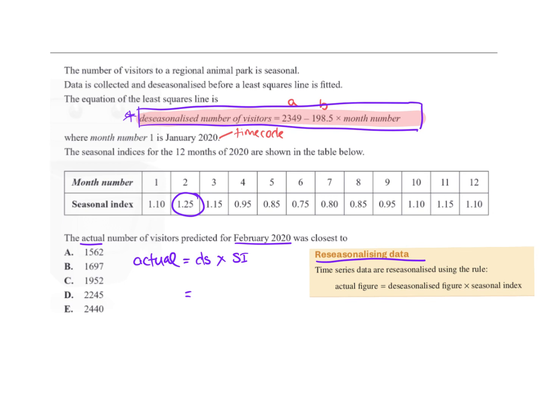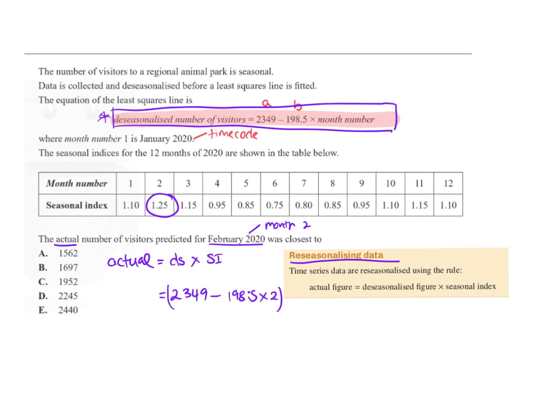So what I do is I use that formula, 2349 minus 198.5, and then I have to times it by the month number. So February is month 2 in 2020. So I do times 2. So then, that was the deseasonalized value, and then I times it by the seasonal index, which is 1.25.